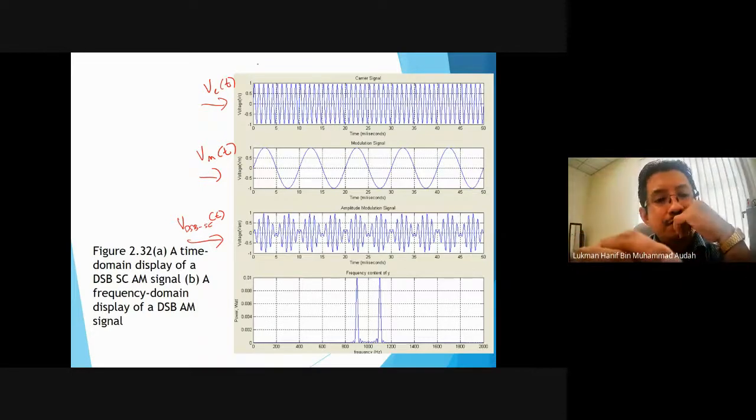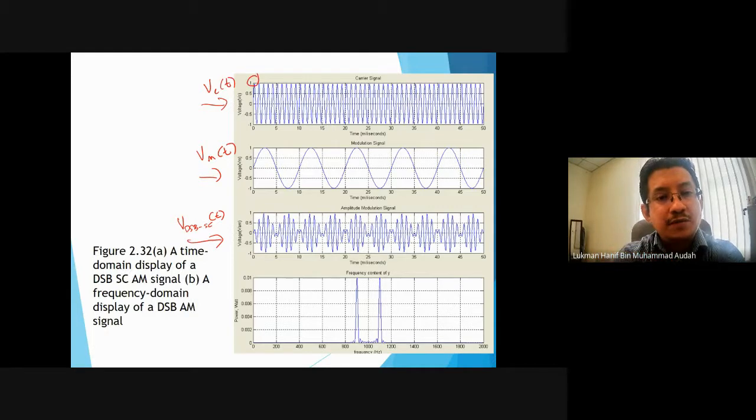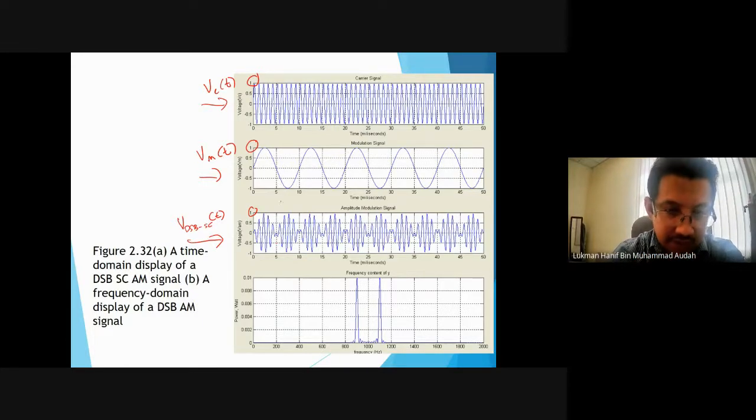So the carrier peak amplitude is 1, VMT peak amplitude is 1, and it produces 1 at the output. Okay, itu perkara pertama. Dan another thing is that you boleh lihat di bahagian sini ya. Ada perkara yang ini ya. Ini perlu dikaji juga ya.